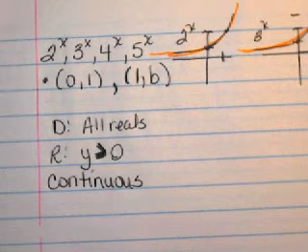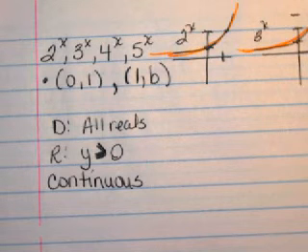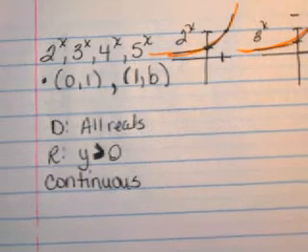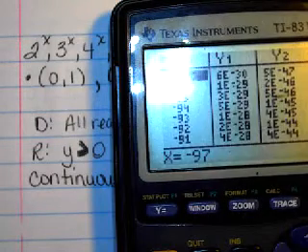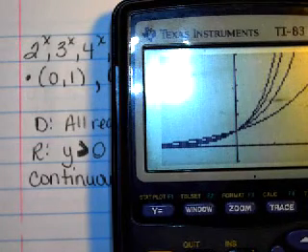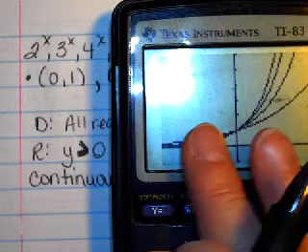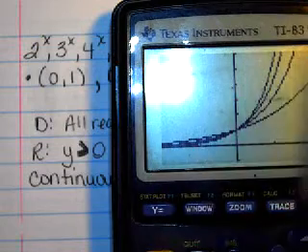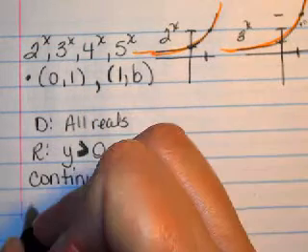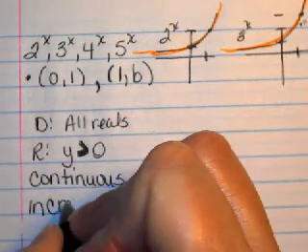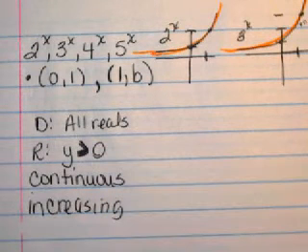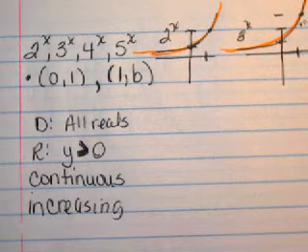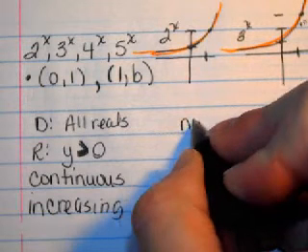Next question was, are they increasing or decreasing in behavior? Well, we've got those two, but if we look at all of them, we can tell reading left to right, they are increasing. They are an increasing function. Okay? The next part says, are they symmetric? Do they have symmetry?